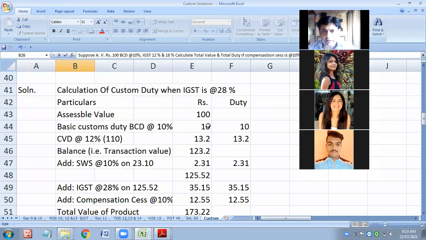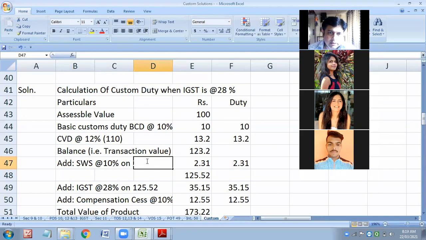So 10% of 100 will be 10 rupees. CVD after adding these two will be 13 rupees 20 paise. Now SWS will be charged on this 23 rupees 20 paise, not 10 paise.